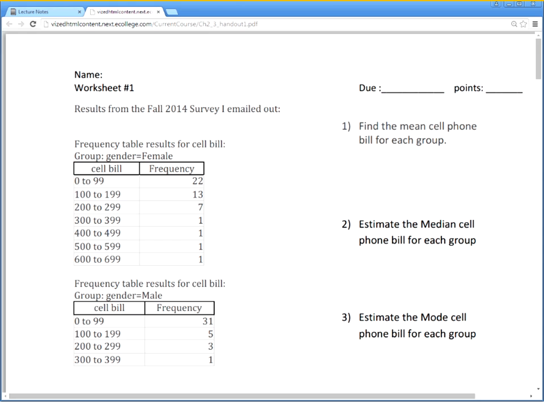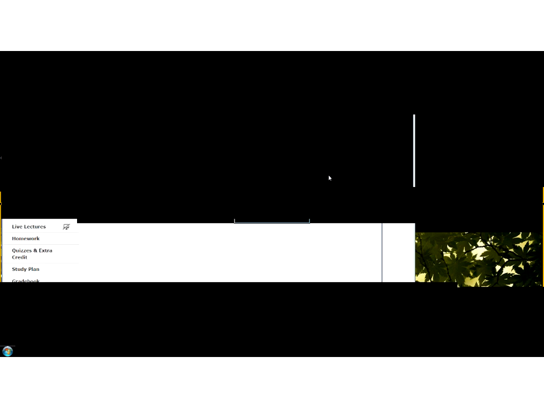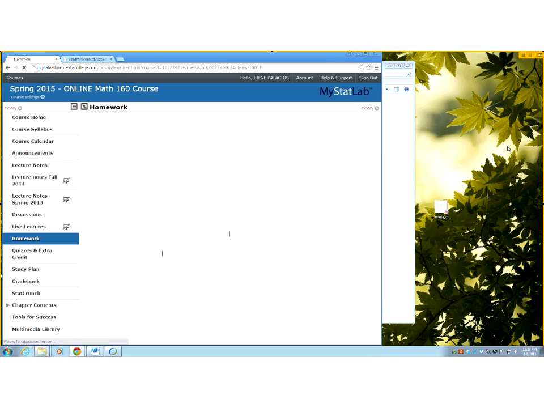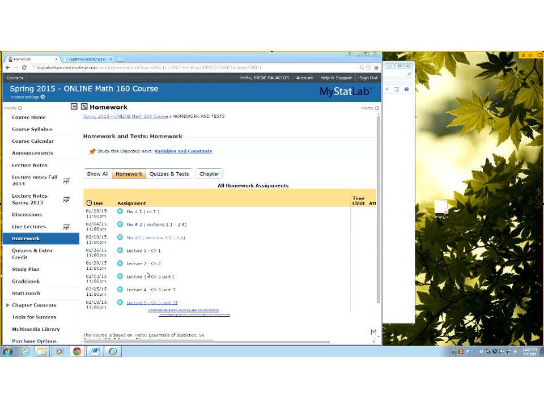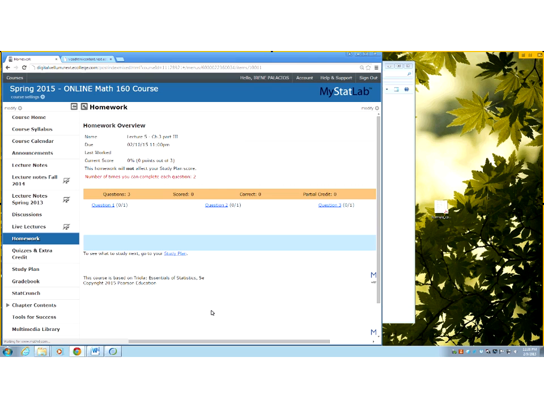So when you are on My Stat Lab, you have to go to homework after you're done watching the lecture, and then there are these assignments. They're lecture 1, lecture 2, lecture 3. So today's our 5th lecture. So in order to get credit for watching the lecture, you have to go ahead and complete lecture 5.